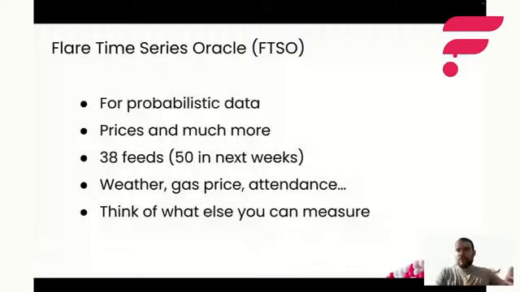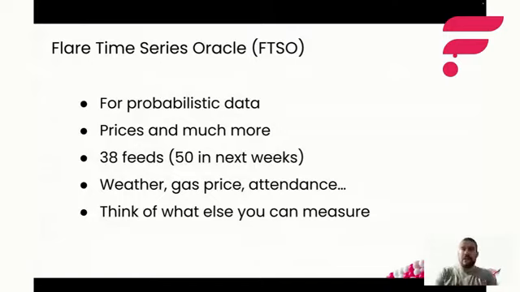So FTSO, the Flare Time Series Oracle, is useful for probabilistic data. So prices, but not only prices, it can be any data feed that varies and can be closely approximated. Event attendance, weather data, how much rainfall a specific area had, or the current gas price on a specific chain where you're not exactly sure what the current block is and the gas price might change, and so on.